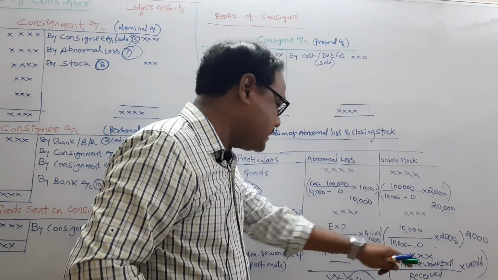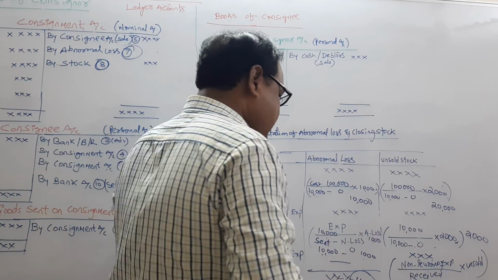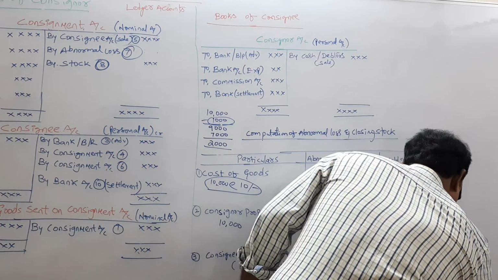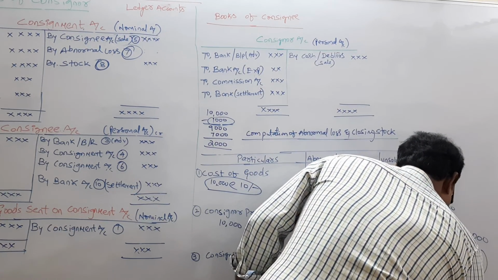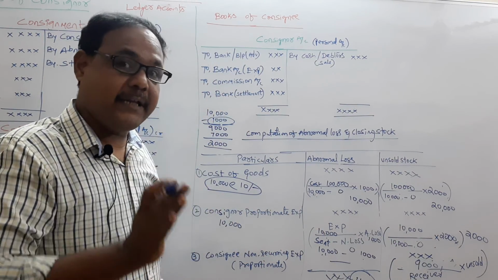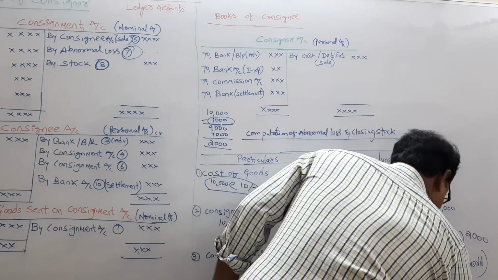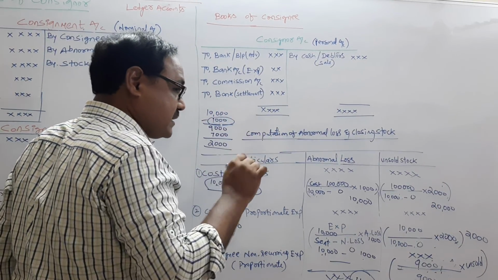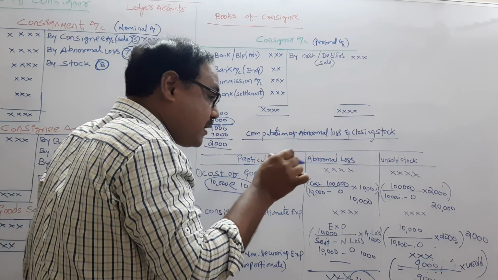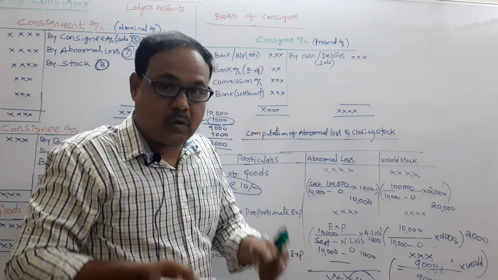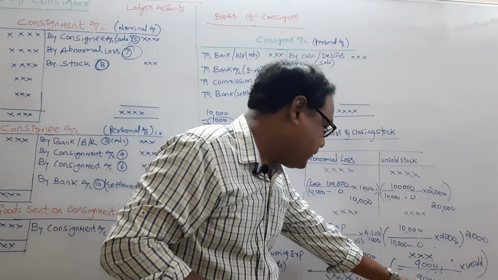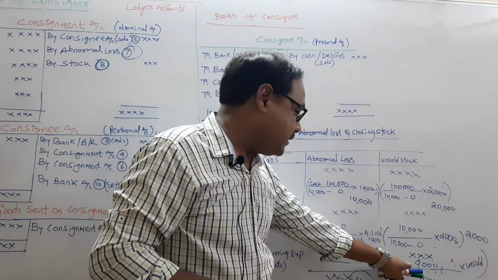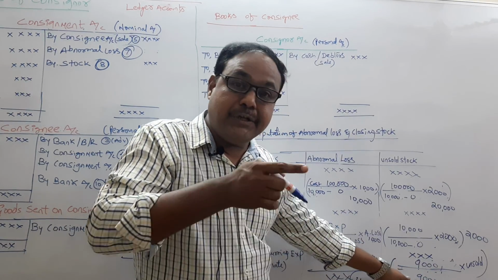Now here we consider consignee non-recurring expenses. Take for example 9,000 rupees. 10,000 units were sent, 1,000 units are lost in transport, so goods reaching the consignee are 9,000. Here in the denominator you take only the received portion, please. 9,000 rupees over 9,000 units.